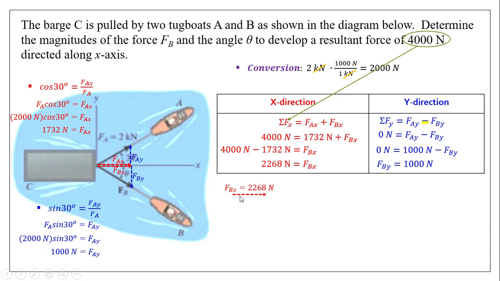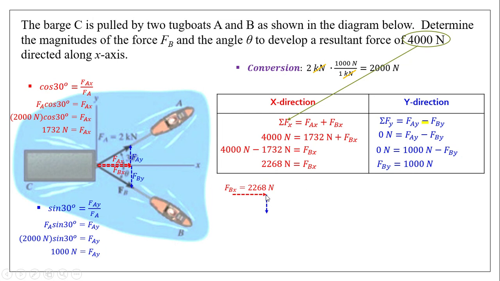So FBX must be to the right, and then FBY must be pointing down. Even though I found the magnitude of FBY to be 1,000, this is where you don't want to draw the vector up, because that would be a misconception. I already told you earlier that FBY is negative, and by common sense, the diagram tells you it is also negative. So even though you found the magnitude, you have to make sure you draw this particular component correctly.